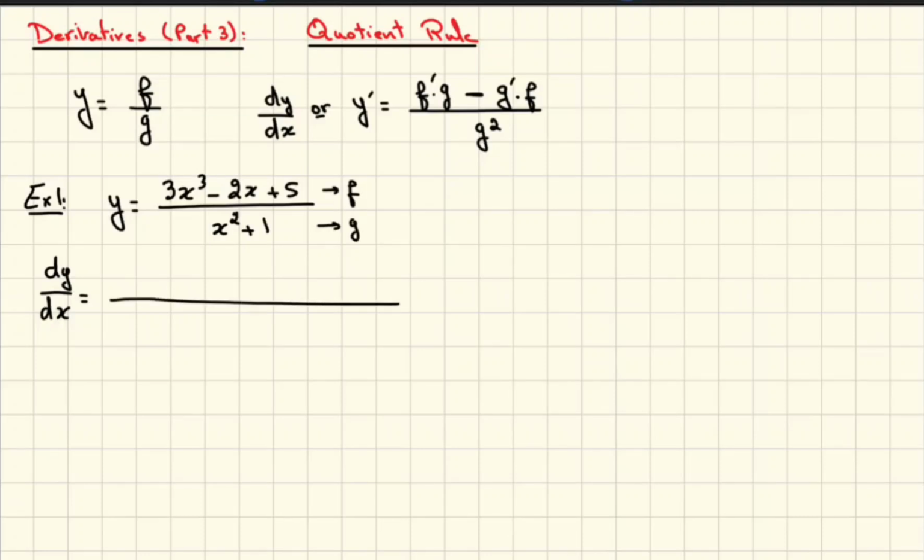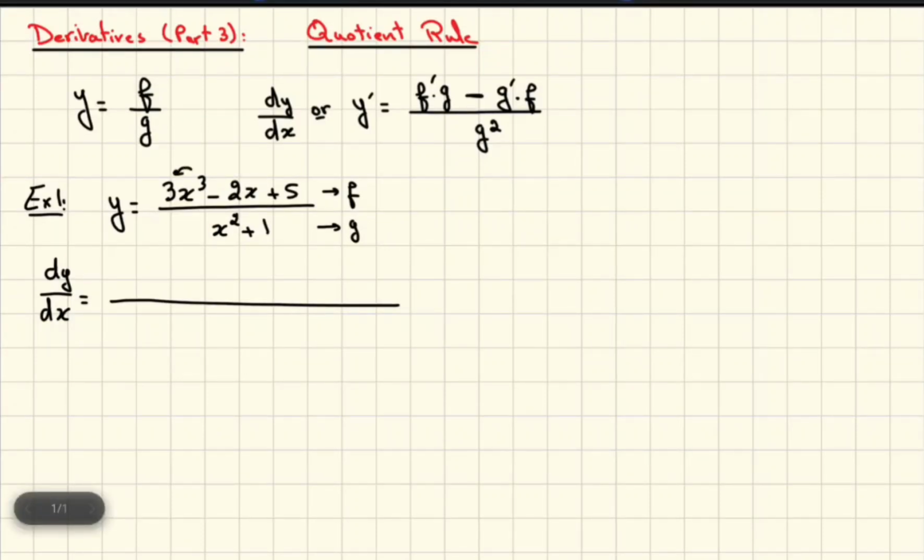What is f prime? In this case, the derivative of the numerator. We bring the 3 down, multiply it with the 3, we get 9x exponent 2. The derivative of 2x is just 2, so the minus stays, and the derivative of 2x is 2. The derivative of 5 is 0, so we don't write it. So this is f prime multiplied by g, which is x squared plus 1. Minus, now we need to do g prime.